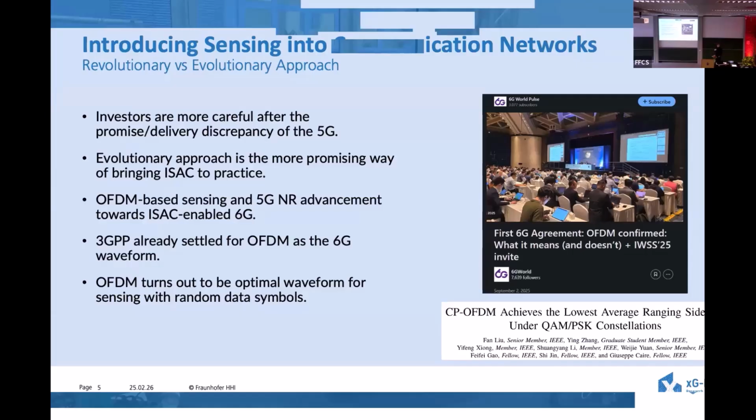To my understanding, all discussions at 3GPP related to ISAC assume the OFDM waveform as a basis for this. And here there is even a paper, Giuseppe here is a co-author, showing that cyclic prefix OFDM is even optimal to achieve the best trade-off between communication and sensing under certain assumptions. And of course, it also depends on the metric you consider.